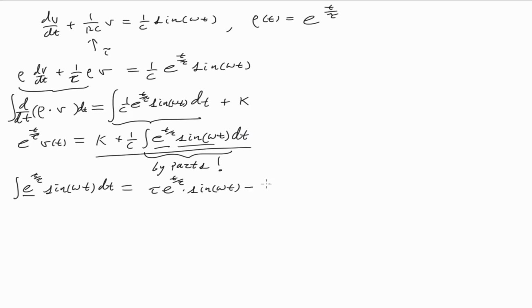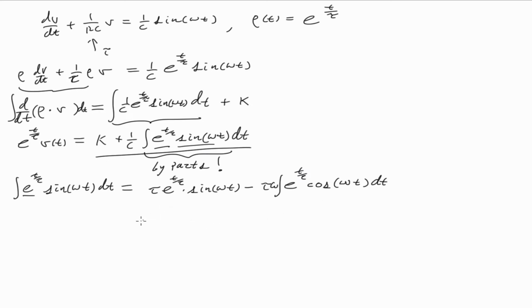And I subtract it, and I have to put that tau out front. And now I get an integral of e to the t over tau cosine omega t. Now I'm going to put an omega outside because I took the derivative, and that's the chain rule.